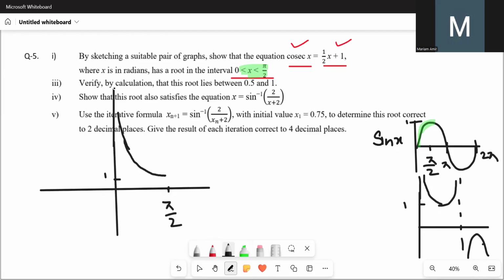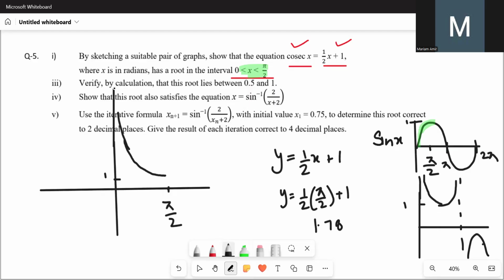Now on the same grid, we need to sketch the graph for half x plus 1. So for y equals half x plus 1, I know that the y-intercept is 1, so 1 is already shown. I need another value on this grid. So I will replace the x with pi by 2 and check what that gives us. 0.5 times pi by 2 plus 1 is 1.78.